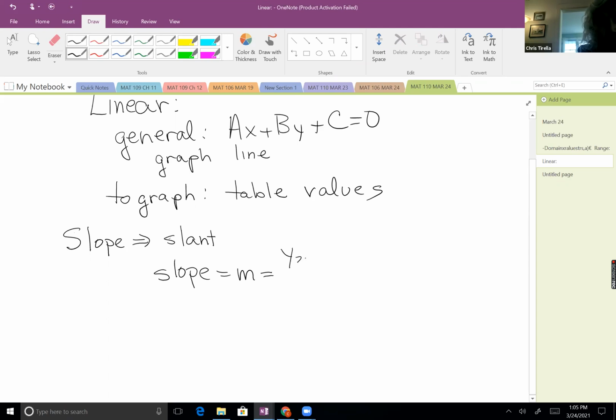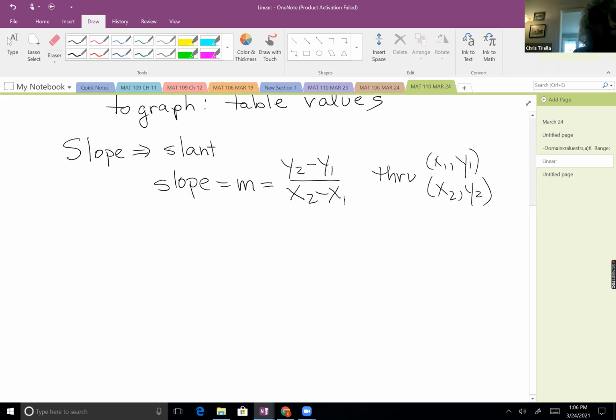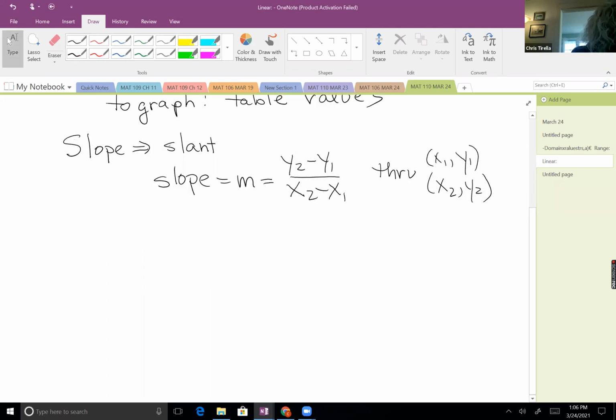And if I'm looking for the slope between 2 points, it's the difference of the y values over the difference of the x values, where x1, y1 is 1 point, and x2, y2 is the other point. And we graphed a line, and we found the slope of the line that we graphed.